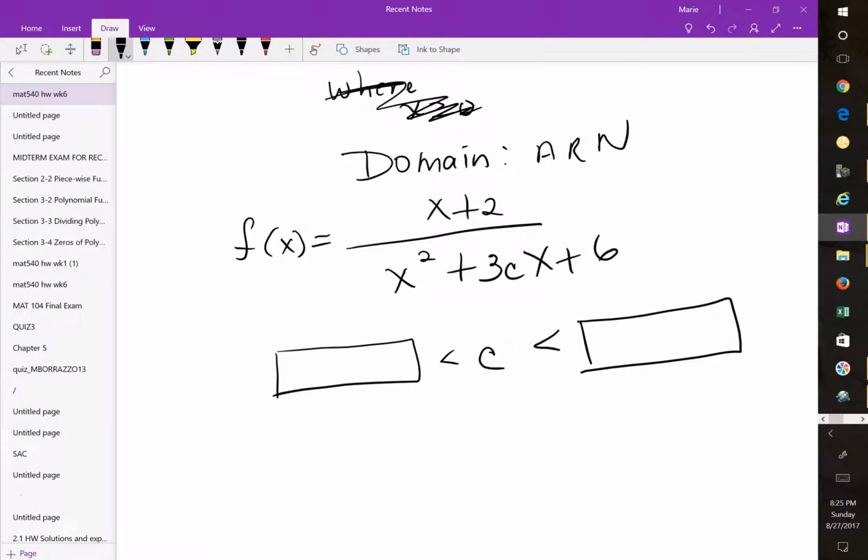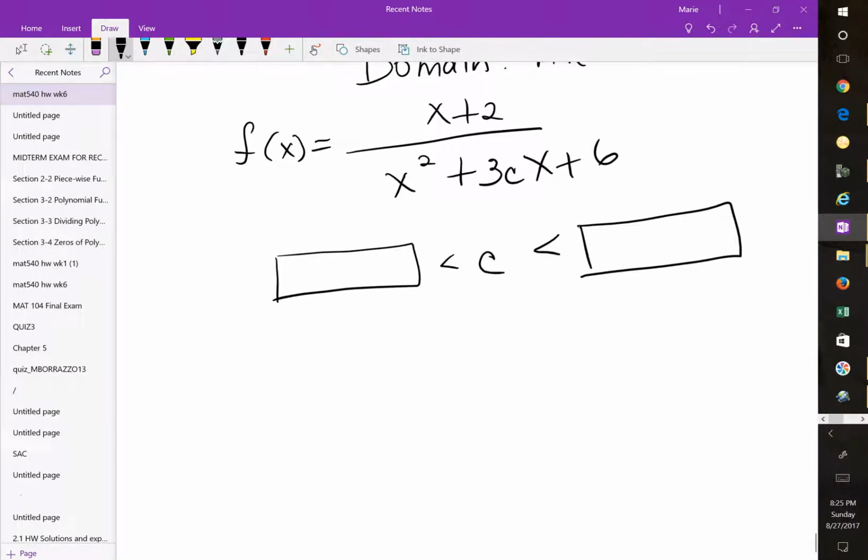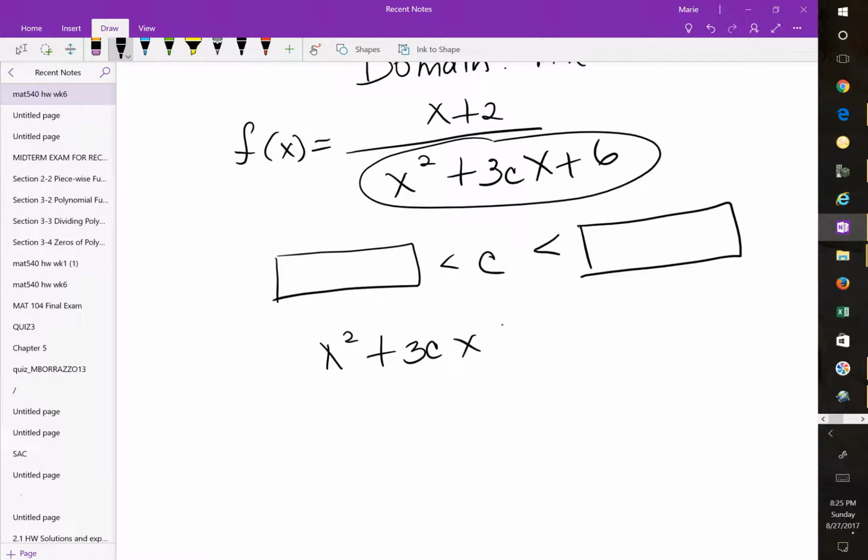If I'm looking at this in the set of all real numbers, the x squared plus 3cx plus 6 in this case cannot equal 0, and the discriminant must be less than 0. So if you recall, the discriminant is the b squared minus 4ac part of the equation.